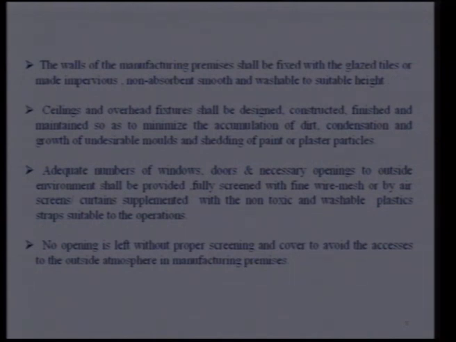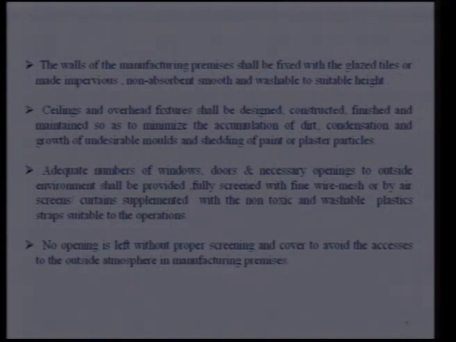The ceiling of the processing hall should be of permanent nature, and should be designed in such a way that it has a smooth surface. There should not be accumulation of dust, dirt or condensation.